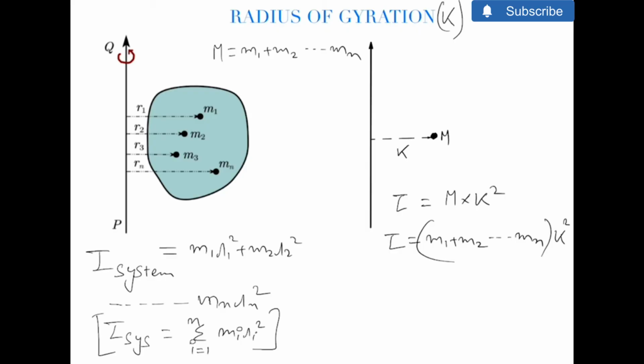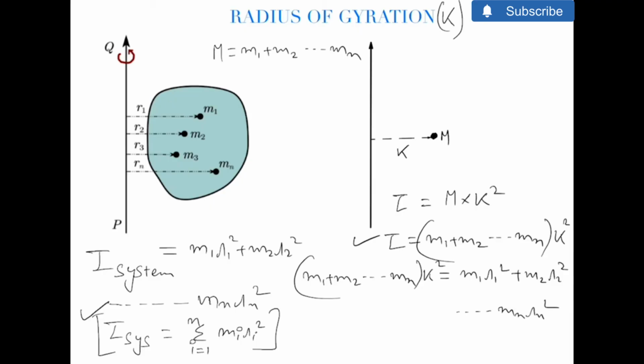So if this moment of inertia and this total moment of inertia are equal, then this distance is called the radius of gyration. So (m1 plus m2 up to mn) into k square is equal to m1 r1 square plus m2 r2 square up to mn rn square.